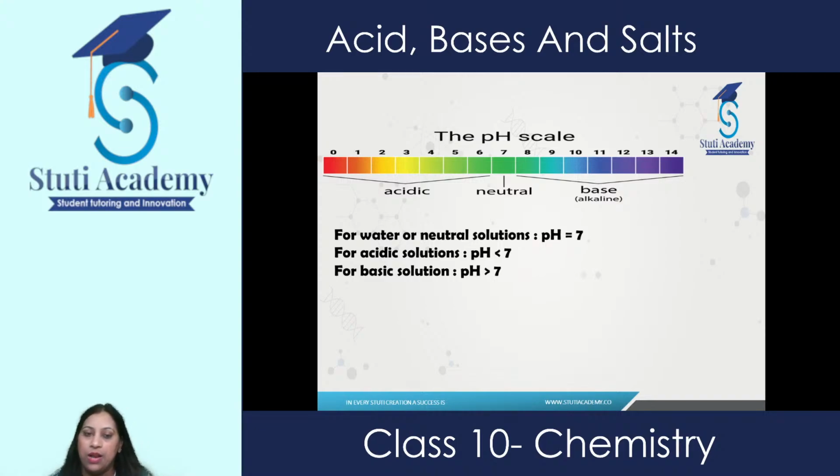Now here is a scale which was discovered by Sorensen. Sorensen discovered a pH scale. This pH scale tells us which substance is acidic in nature, or which one is basic in nature, or which one is neutral in nature. And it is based on the pH value of the substance, whether it is an acid, base or neutral one.